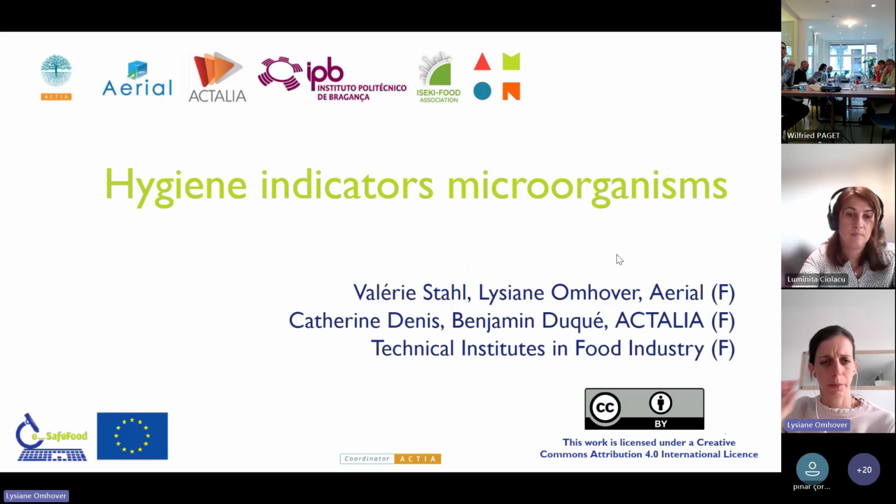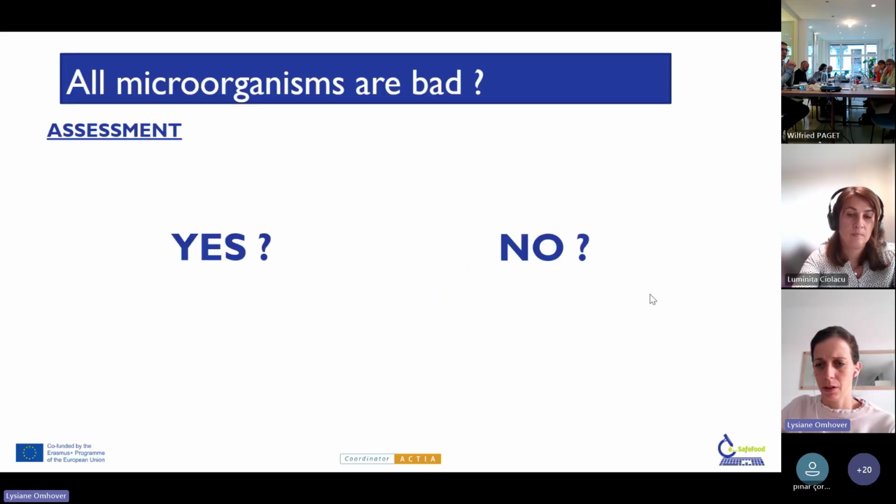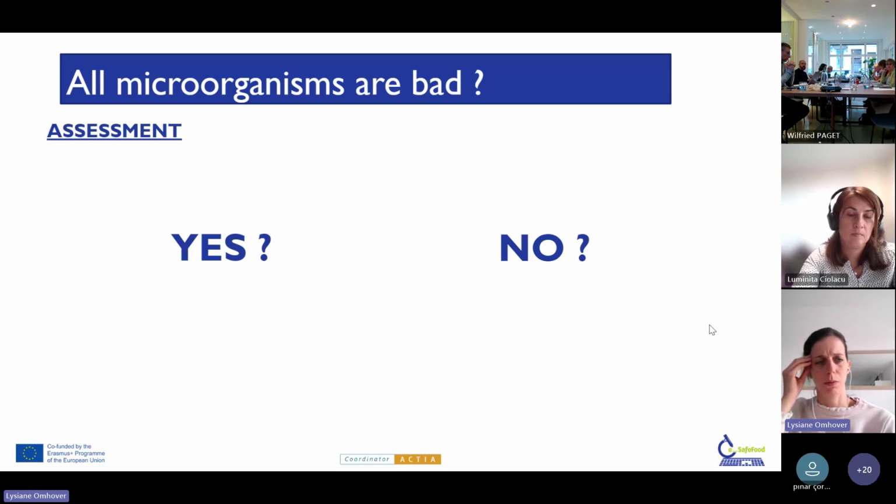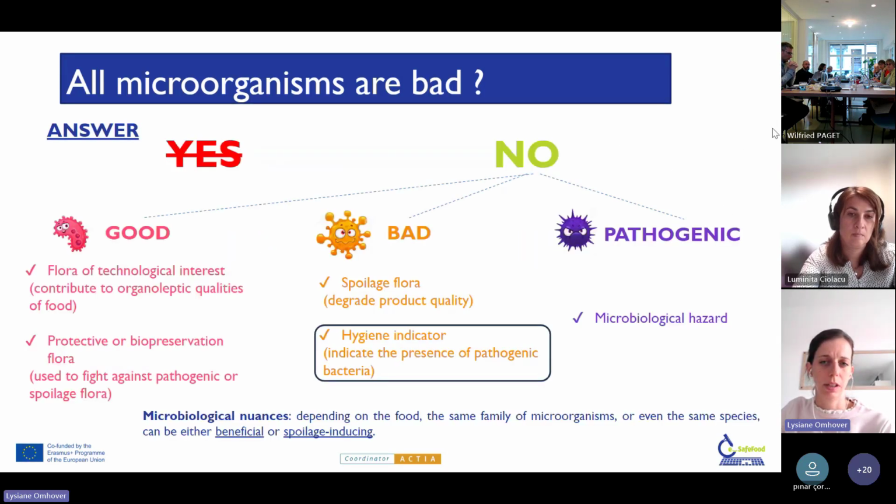About the hygiene indicators, microorganism. So the first question that we want to ask is, all microorganisms are bad, yes or no? And for sure the answer is no. We can classify microorganisms in three categories. The first one is good microorganisms, which are flora of technical interest that contribute to organoleptic qualities of food, or protective or biopreservation flora.